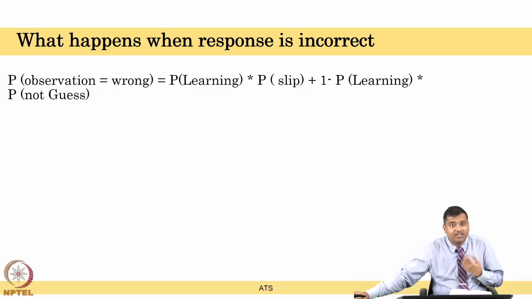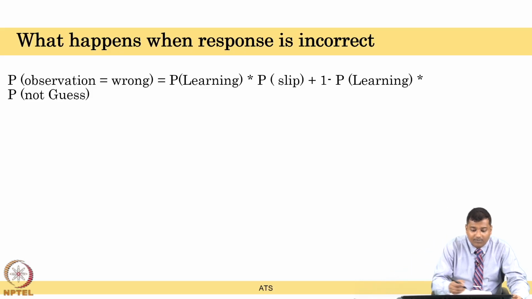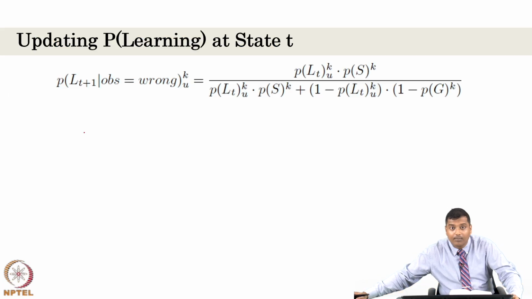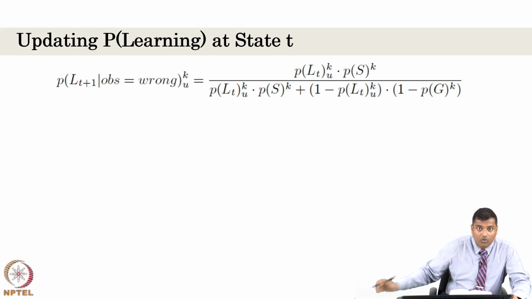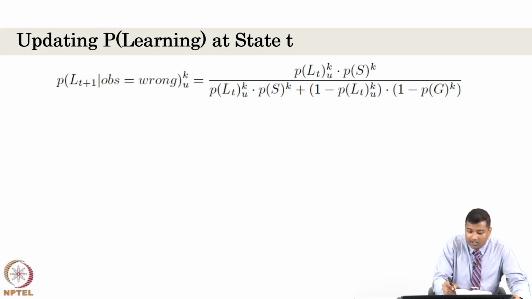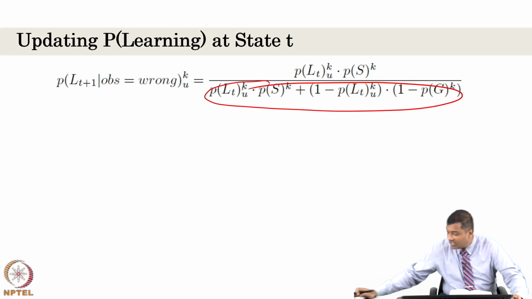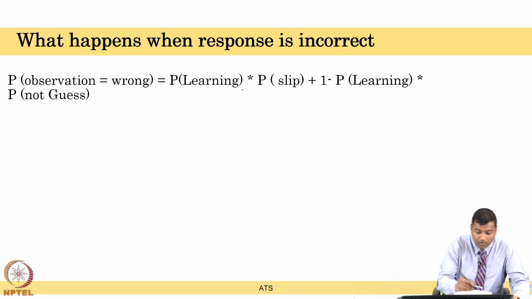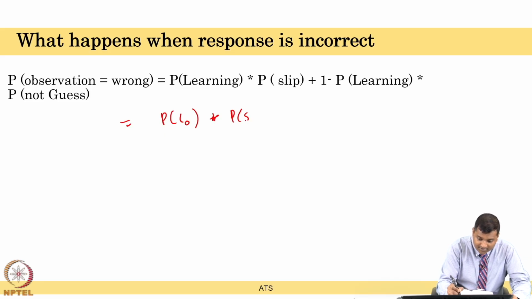What happens if the response is incorrect? So let's see if the response is incorrect, how I can compute it. So this is the formula. The denominator over here is something that we're going to solve before. So if the response is incorrect, it's P of L0 times probability of slip.